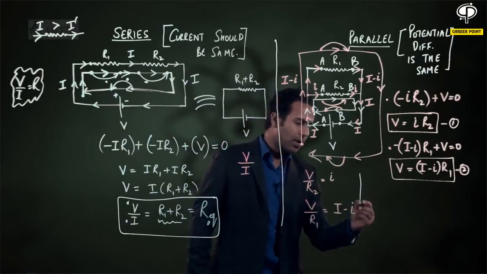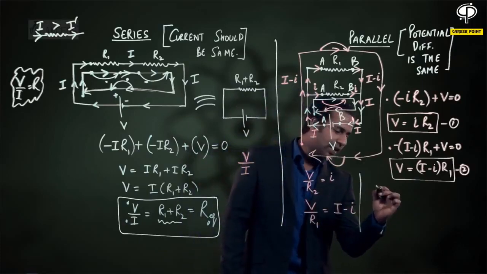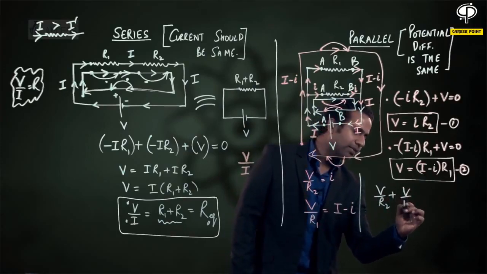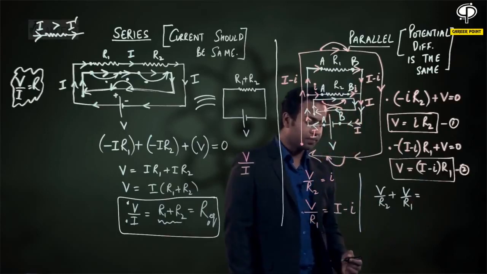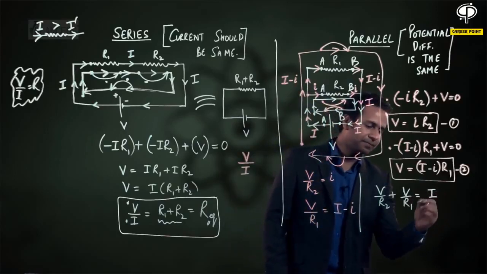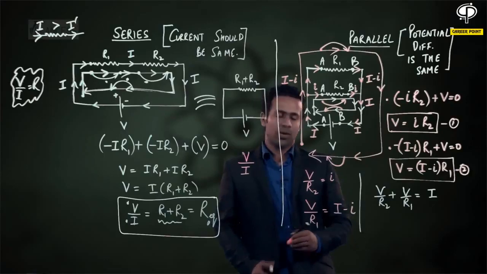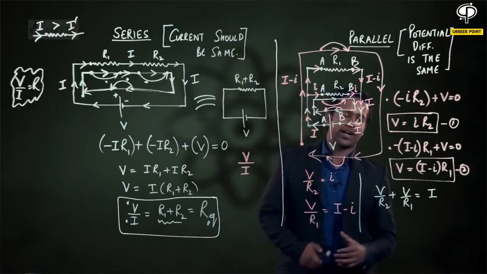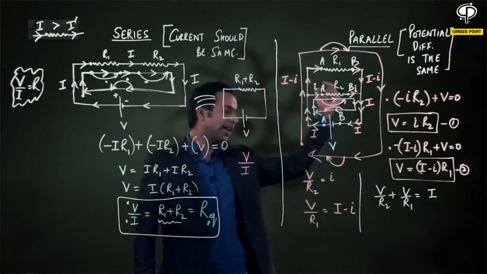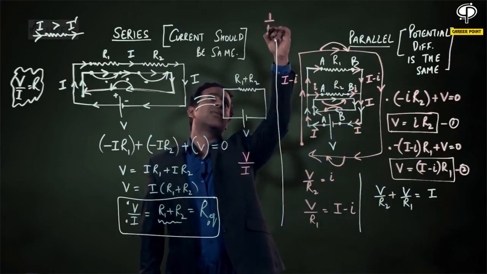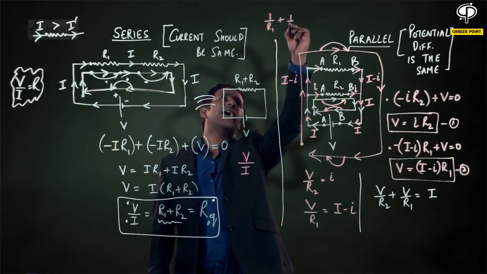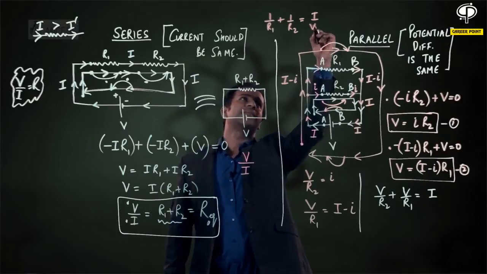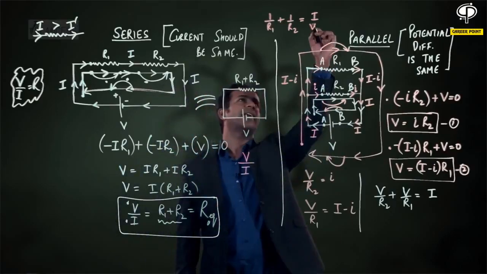Now add these two equations. What do you get? On adding these two, you see that V by R2 plus V by R1 is equal to capital I. So now what I'll do is take V common and take it to the right hand side. So you'll get something like 1 by R1 plus 1 by R2 is equal to I upon V. Right?